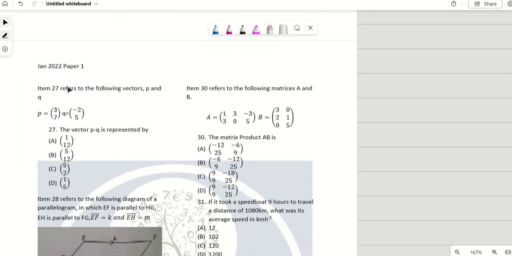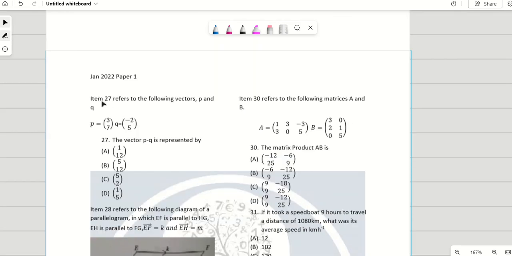Number 27. They said item 27 refers to the following vectors. P is 3, 7, Q is minus 2, 5. The vector P minus Q. So P is 3, 7, and we're going to subtract minus 2, 5. So that's 3 minus minus 2, and 7 minus 5.